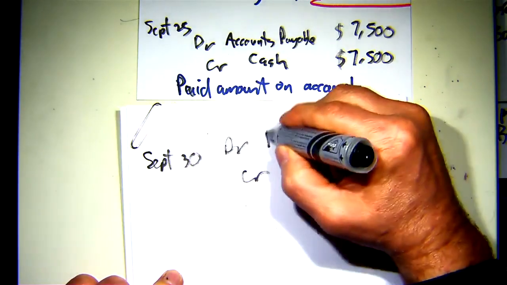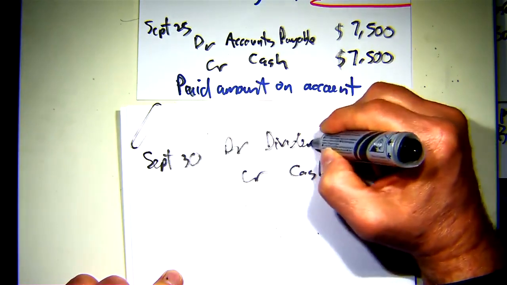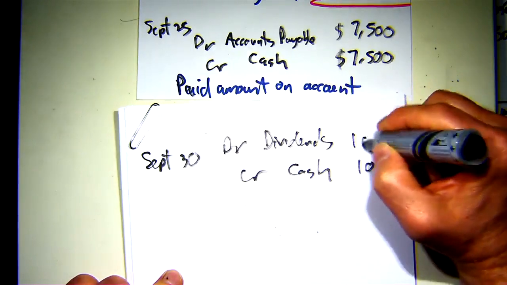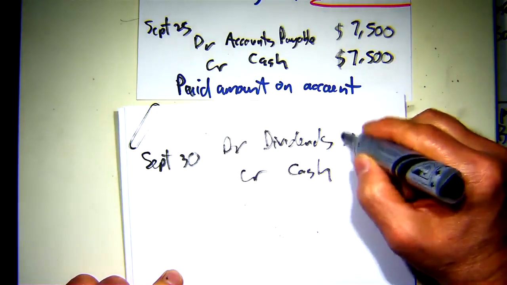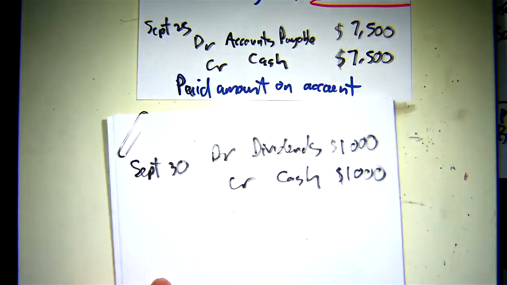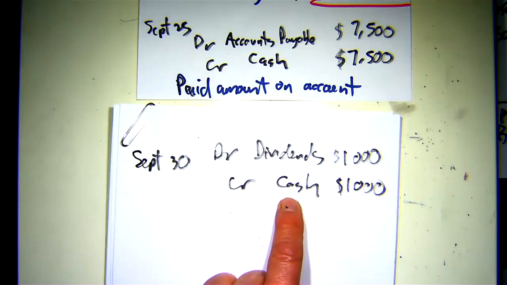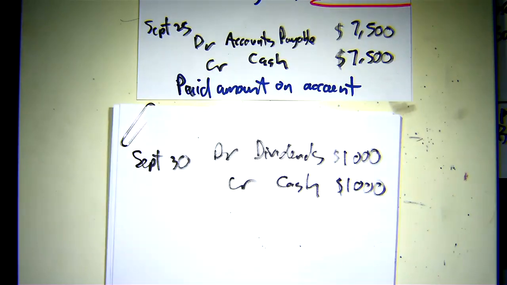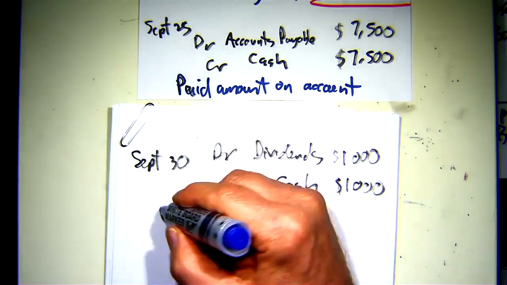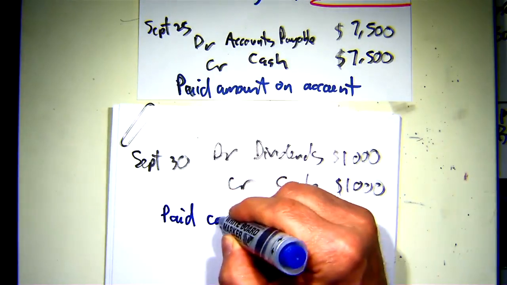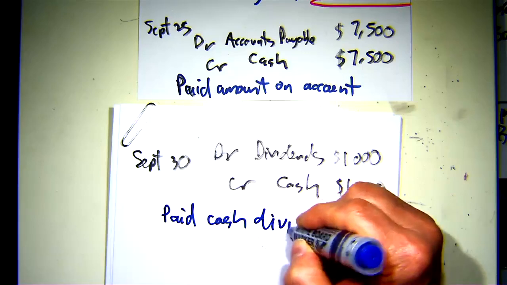And we debit dividends by 1,000. So this is the payment of a dividend. We credit cash because we're reducing the cash asset by 1,000. And paid cash dividend is the narration.